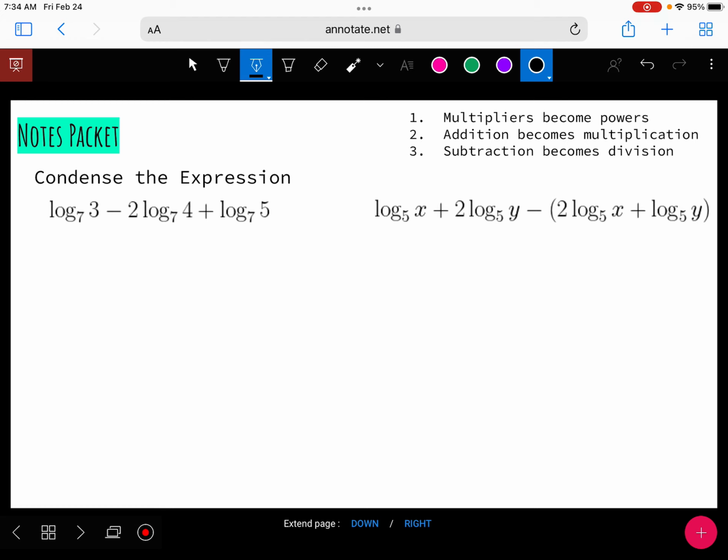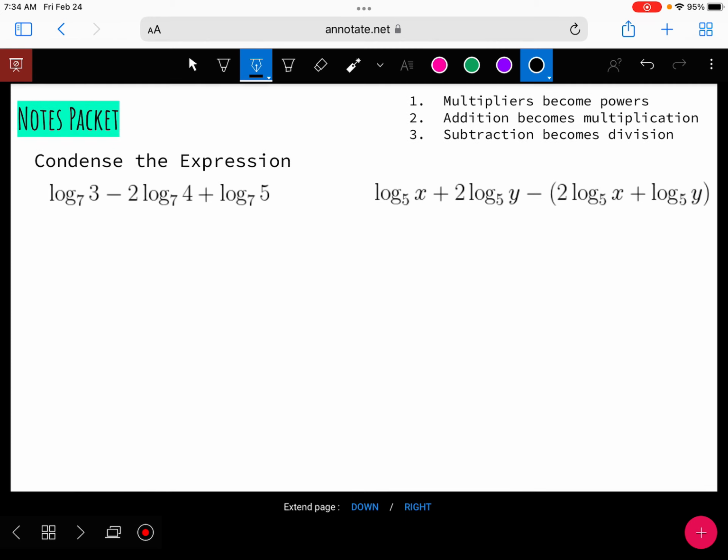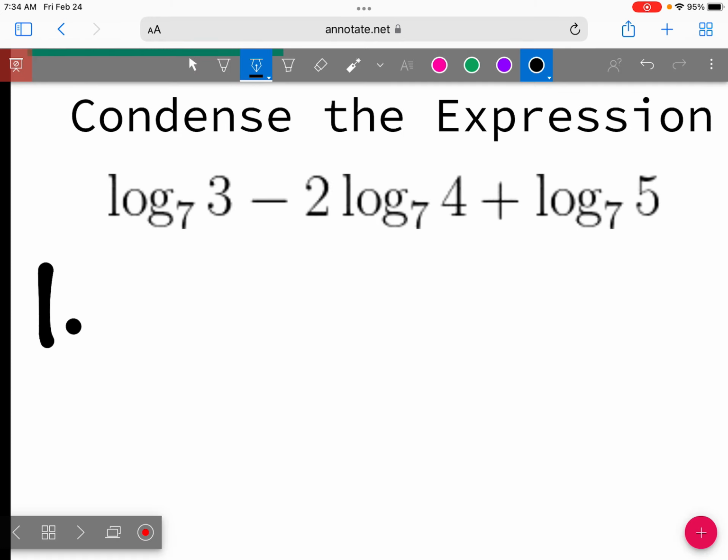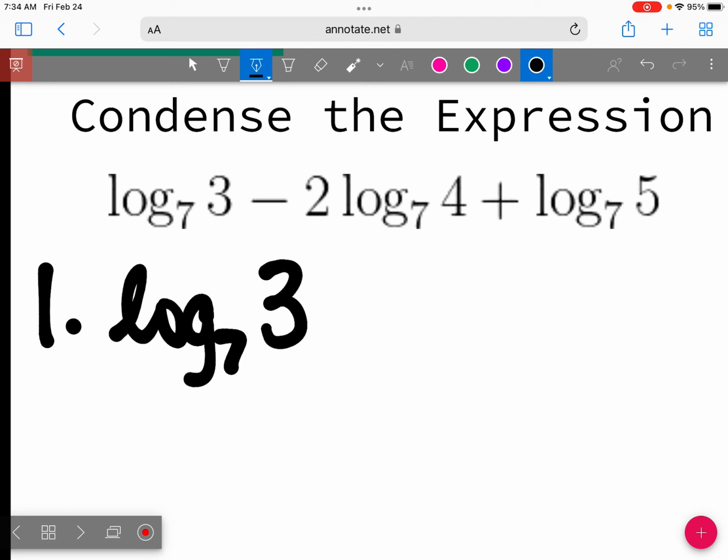All right, so let's do the first one together, and then I'm gonna have you guys do the last one on your own, okay? So for this one, do we have any multipliers? Check again. Yep, yeah, we do. So we stick with log base 7 of 3. What do we end up with right here?